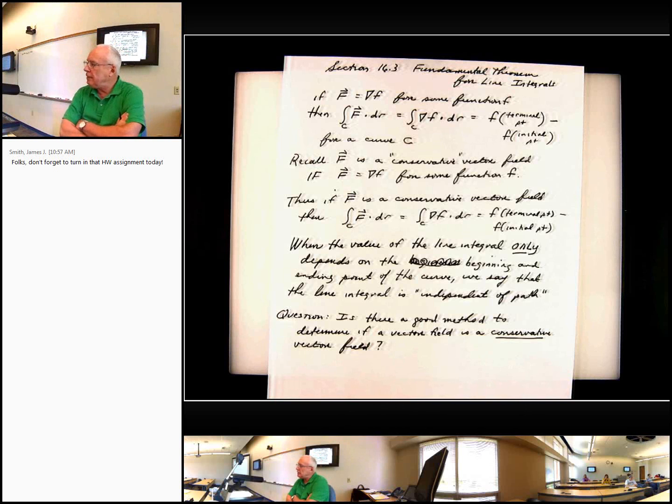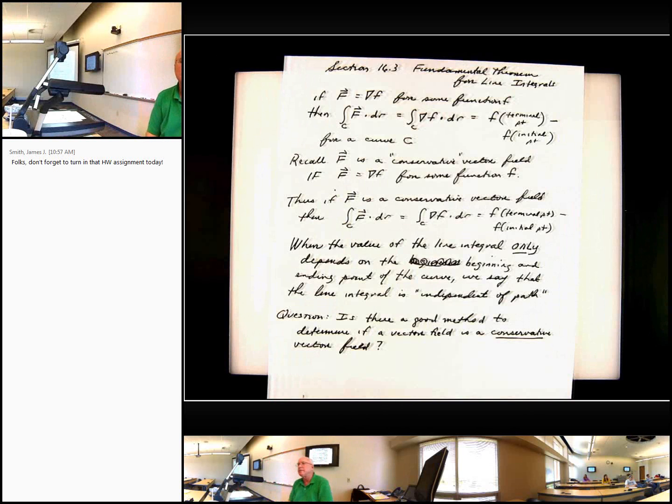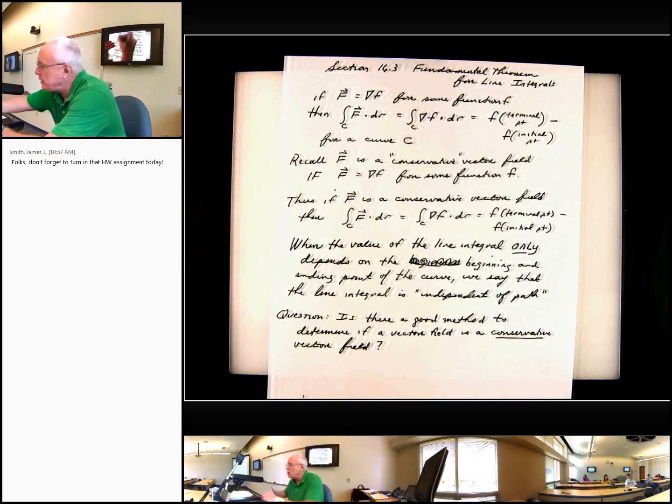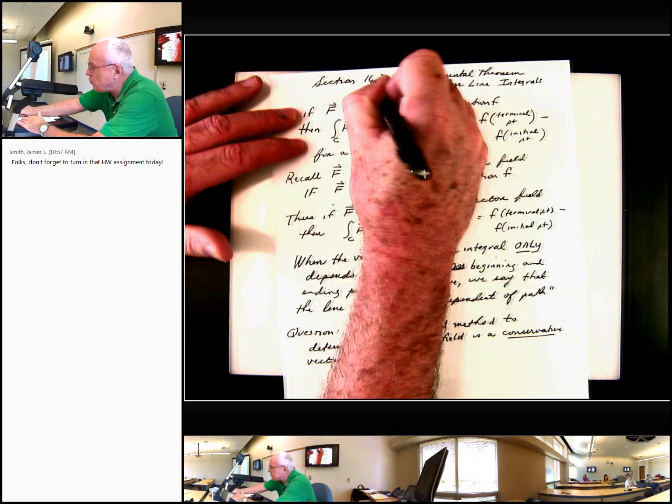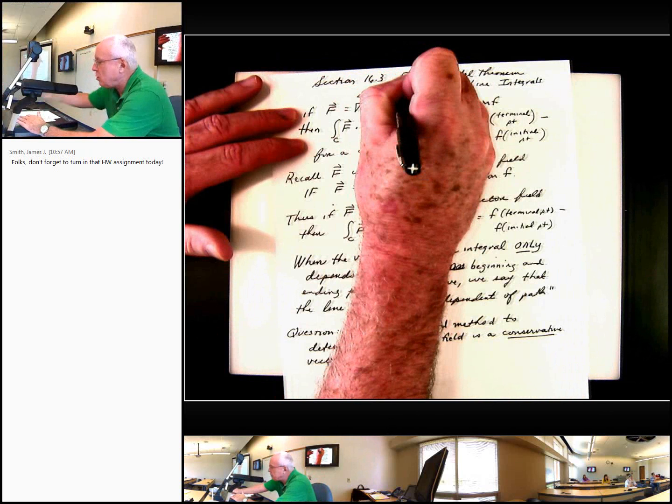And we're talking about vector fields. So if F is a vector field and F can equal the gradient of some function, so recall the gradient is, of course, small f sub x, small f sub y, and if it's three-dimensional, small f sub z.